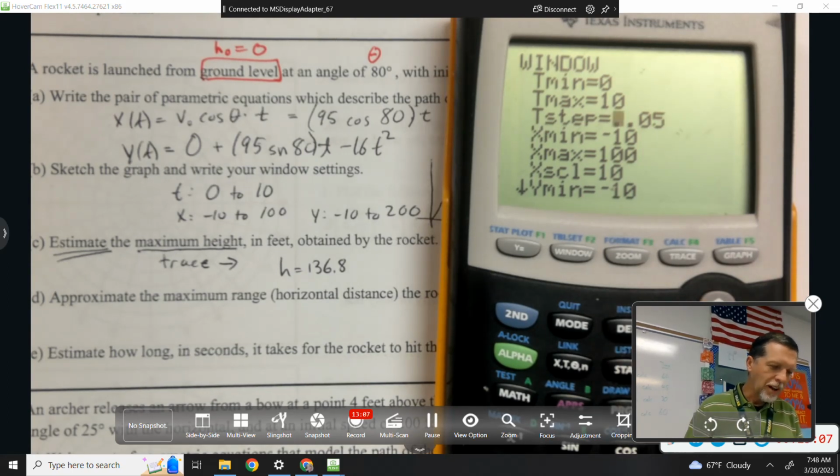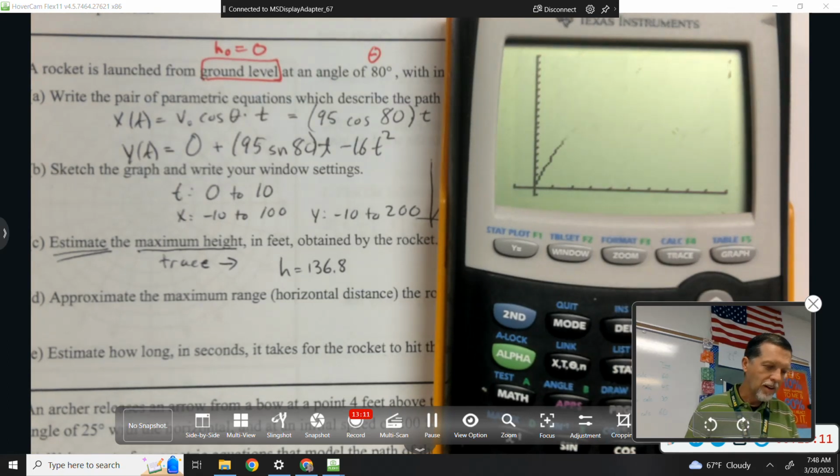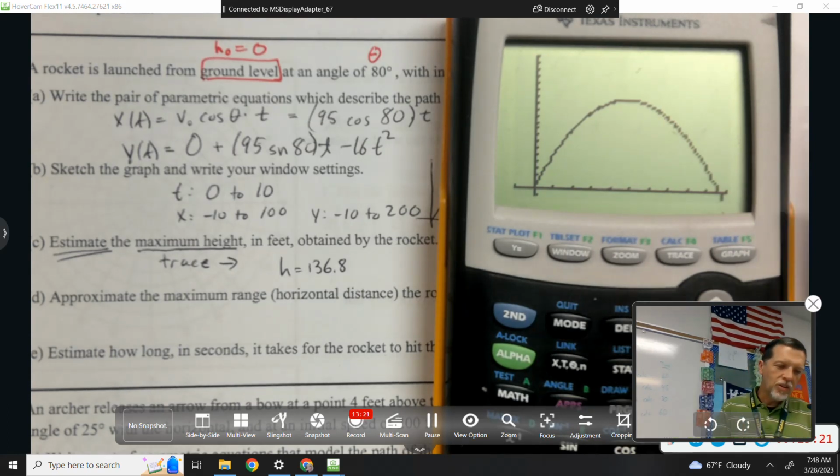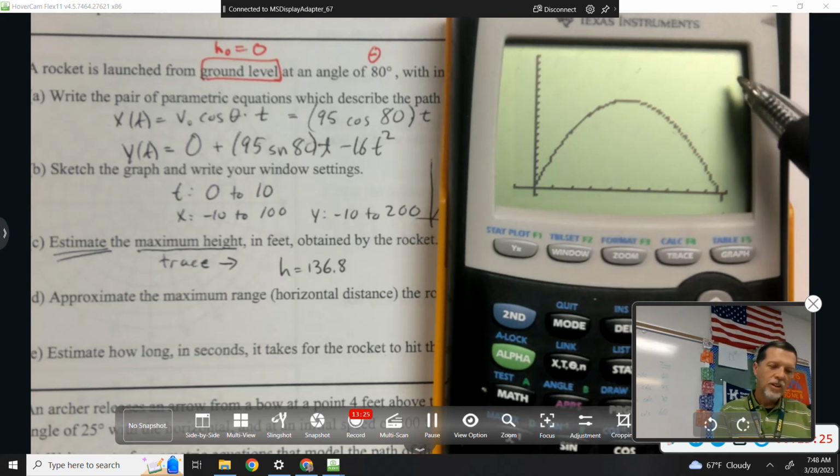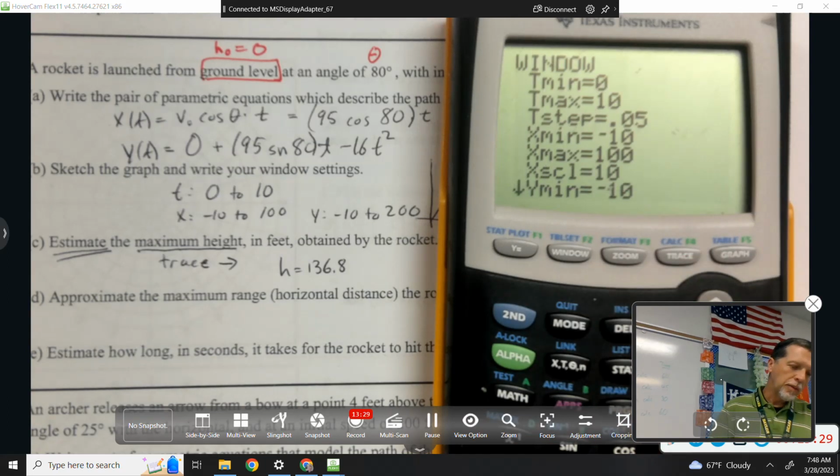I'm trying to get a little more accurate without making me wait forever. Okay, 0.05. That's pretty accurate, and I gotta wait a little bit, but not too bad. By the way, after it finished the graph, it was still thinking. That's probably because my t max is farther than it needs to be.